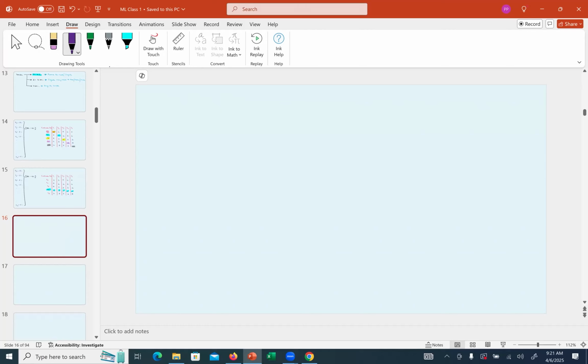Once you have your data ready, in general the very first step is to split the data into test and control. Let's say this is my whole data set.